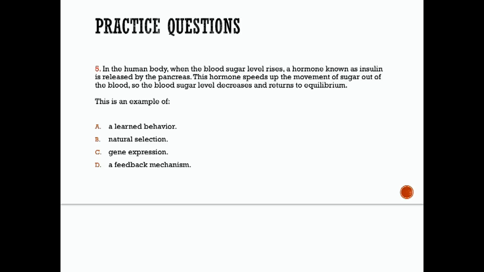It's not a learned behavior or a natural selection or a gene expression. Even if you look at those three, none of them really make sense. So a feedback mechanism. The regulation of blood sugar levels by insulin is an example of a negative feedback mechanism, if you remember, that has evolved in order to maintain homeostasis.